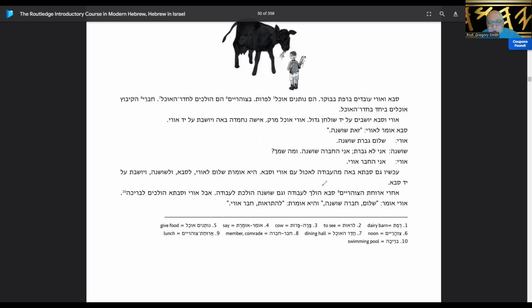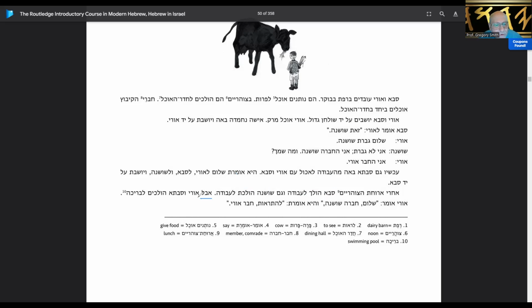This uses holech because it's in reference to Sava, grandfather. But for Shoshana, because she's a female, it uses holechet. They both mean to go, but they're pronounced differently because one is feminine and the other is masculine. But it still has the same la'avoda, to work, for either one.